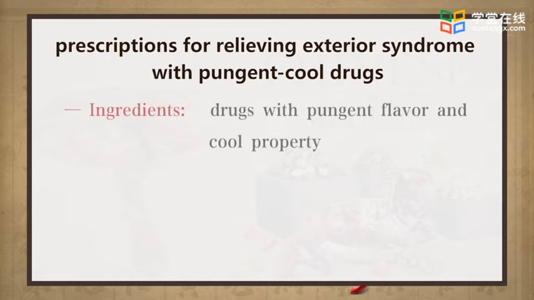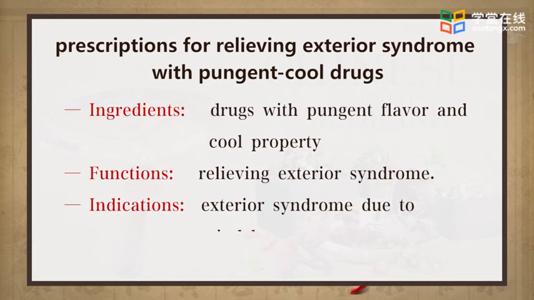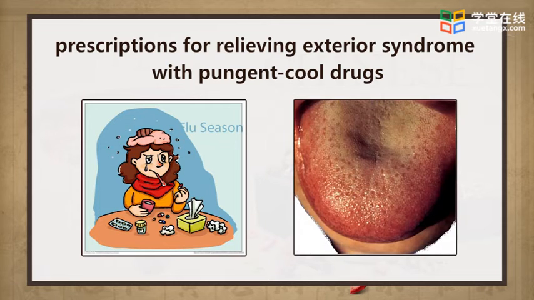While the latter, prescriptions for relieving exterior syndrome with pungent and cool drugs, are capable of dispelling wind and removing heat. It is applicable to exterior syndrome caused by wind heat, marked by cough, mild feverish body, slight thirst, red tongue tip, and superficial and rapid pulse.